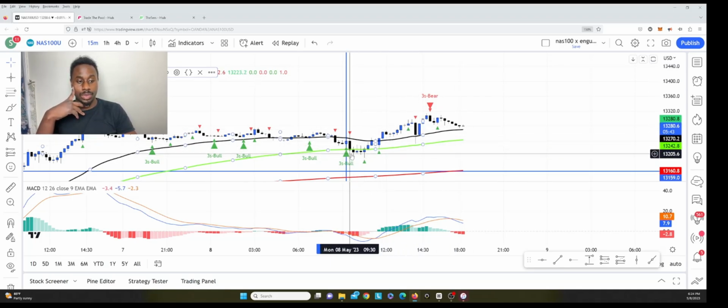So the ideal point to enter this trade today would have been here. I'm just trying to see where I would have multiple confluences, right? I have a bullish engulfing indicator here, because it's going up.